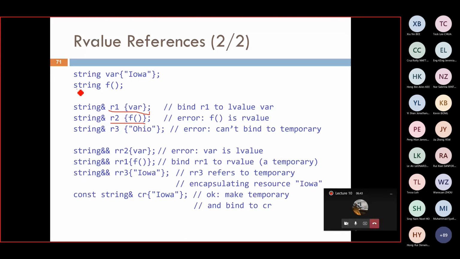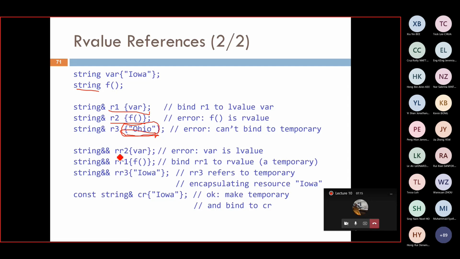This is an R value because it is a temporary object, has no name. It obviously cannot access a temporary that has been instantiated to satisfy this particular syntax. So there is a constructor associated with this C style string, and that particular object is going to reside somewhere on the stack, and R3 doesn't have access to that particular name. So this is not going to work.